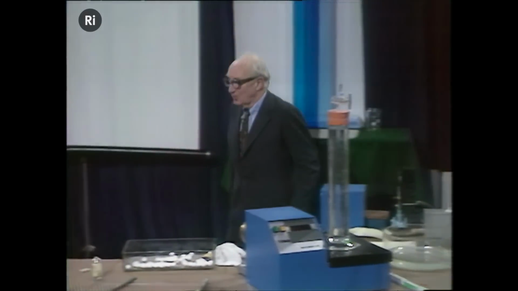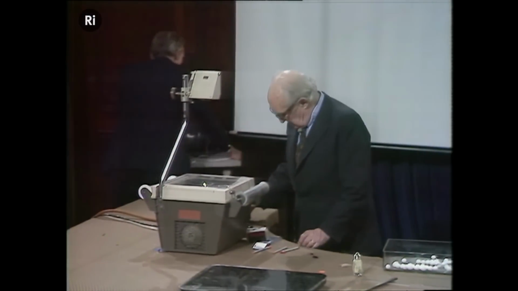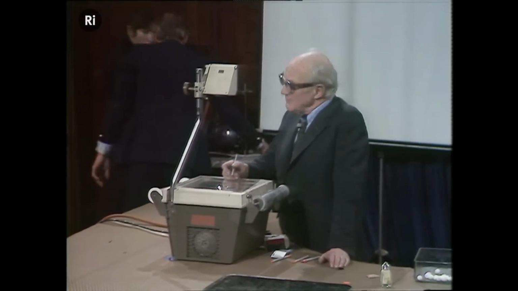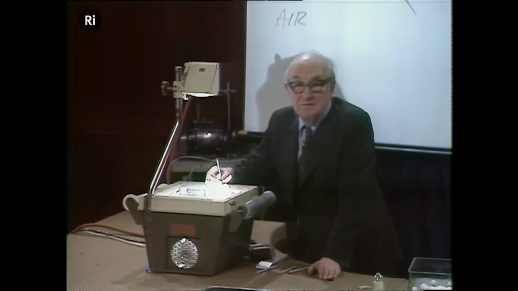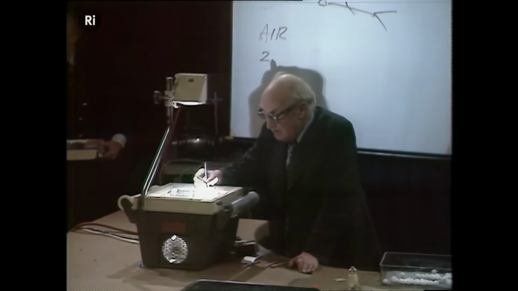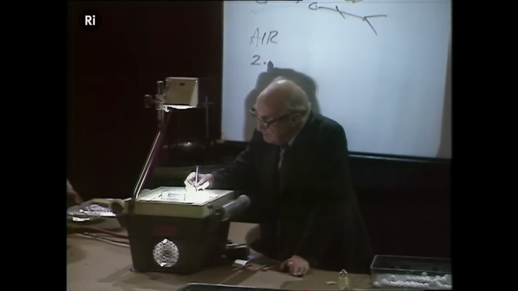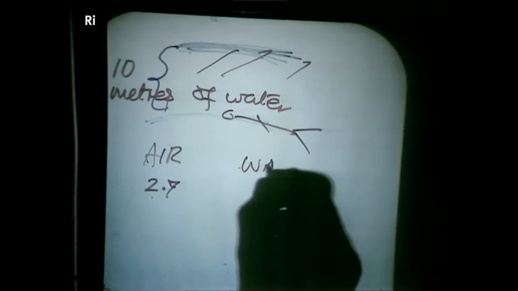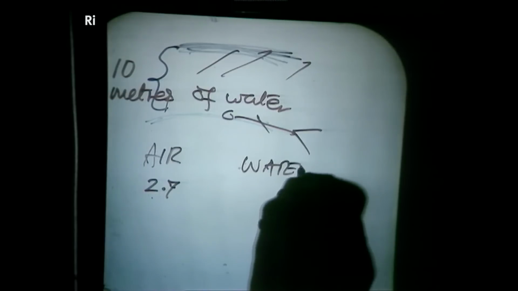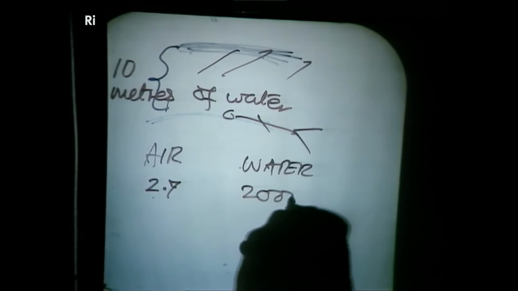2,000 grams of water in the place of how many grams of air? Air, how much was it? No, it was lower than that. 2.7 or 8. I'll take it 7 if you like. And water? 2,000.